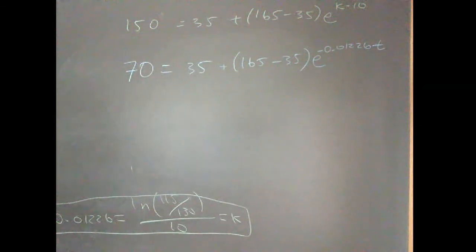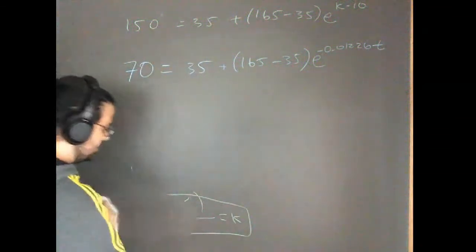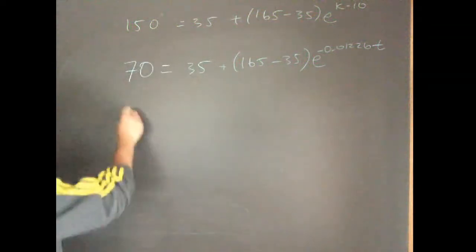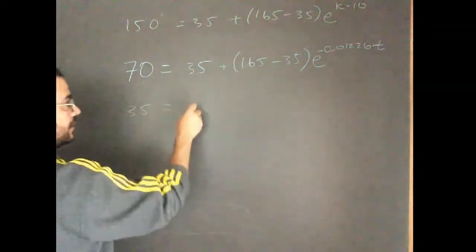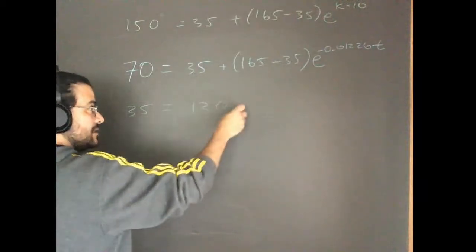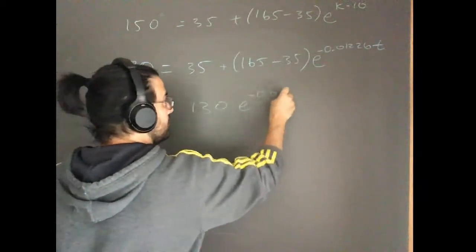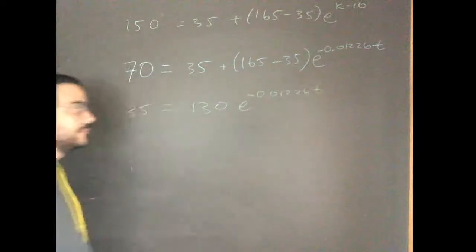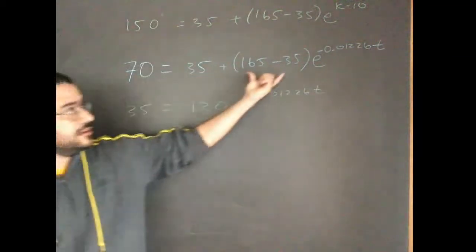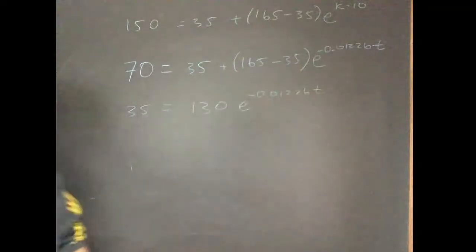Okay, so we do the same thing that we did before. Again, this is good practice for the type of thing you'll see in 6.6, so I'll go through it quickly here. You subtract 35 from both sides. Then again, remember 165 minus 35 is 130. So I just subtracted this 35 here, and then 165 minus that 35 there.